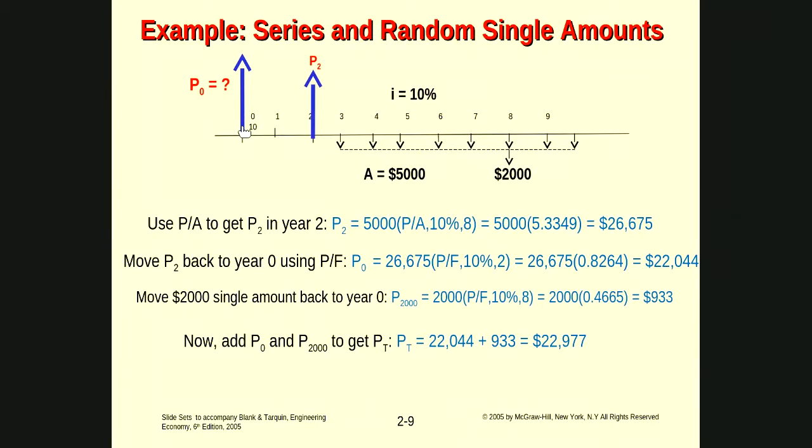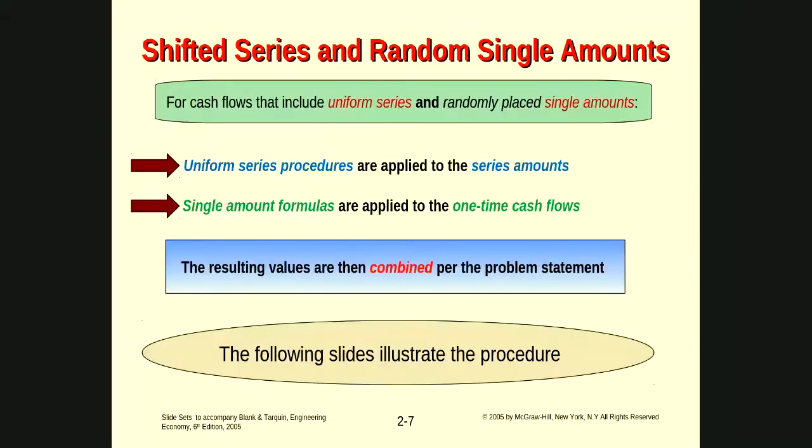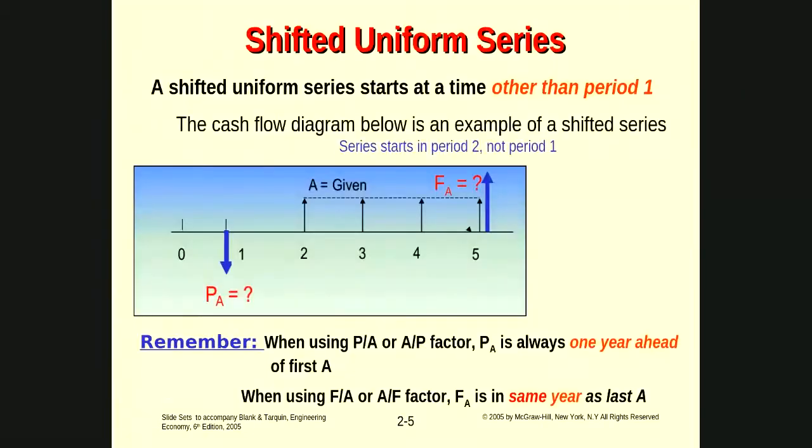To find the present from the annual, you have to follow this statement: when you find the present from annual, it is always 1 year ahead of the first annual. إيش معنى هذا الكلام؟ البريزنت من الانيوال دائما يكون في سنة سابقة لأول سنة يظهر فيها الانيوال. Okay?